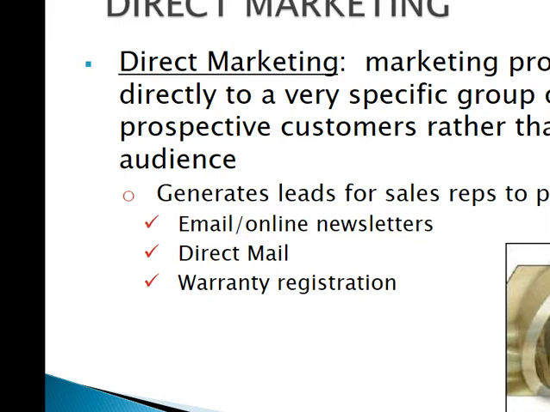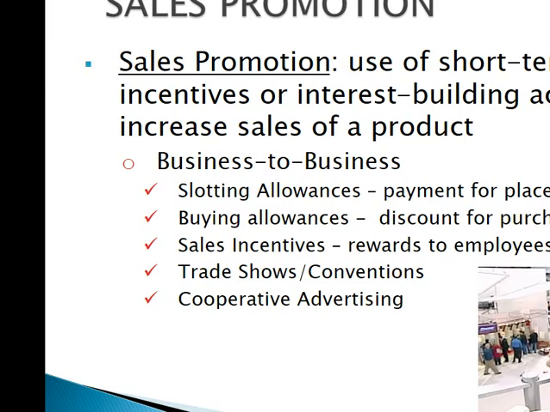All that company is doing is generating a list so they can send you more information later about similar products or upgrades to a product that you may have already purchased. And then you get email and online newsletters. You can opt into a lot of different emails or online newsletters from different companies that you visit online. If you visited them online, you are now a prospective customer, someone who had an interest at one point. And so direct marketing is going to take advantage of that.